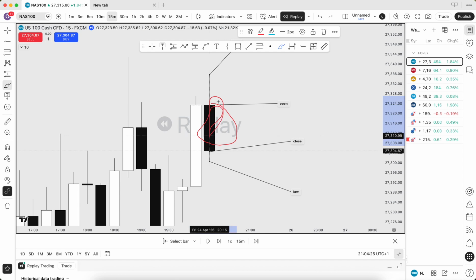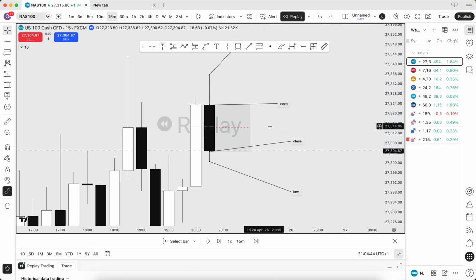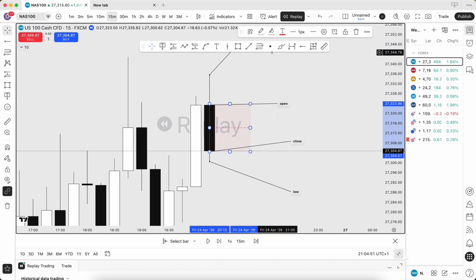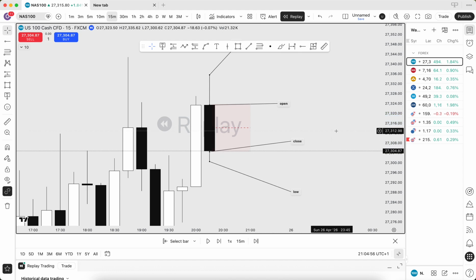This thing here is the body. Let me give you a better look. This highlighted spot is the body of a candle. Let me change it so that you don't get confused. This red spot now is the body of this particular candle.